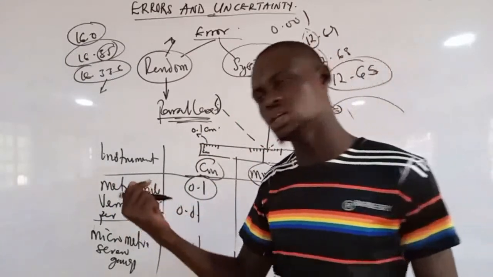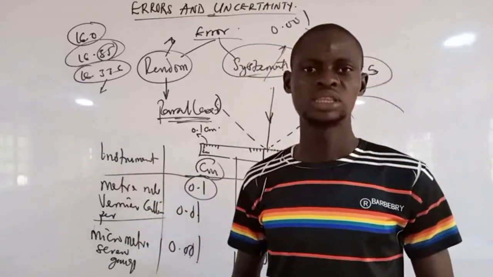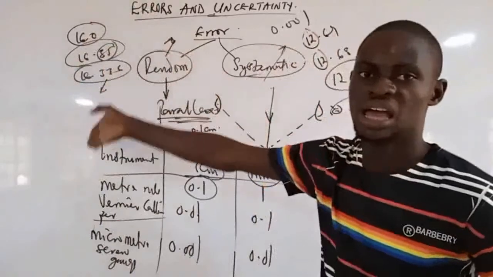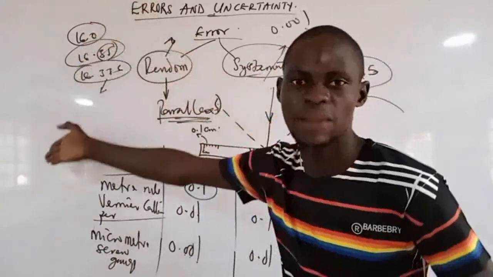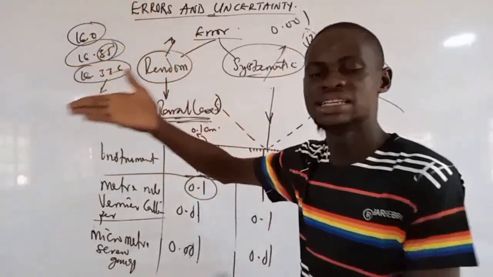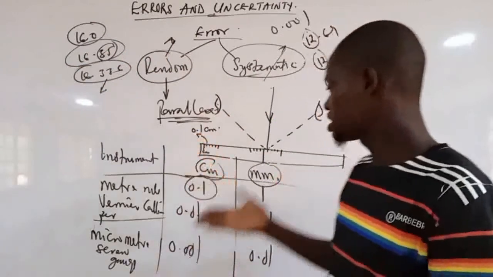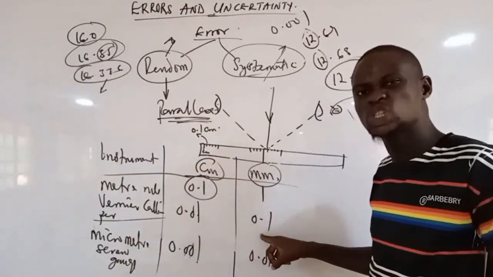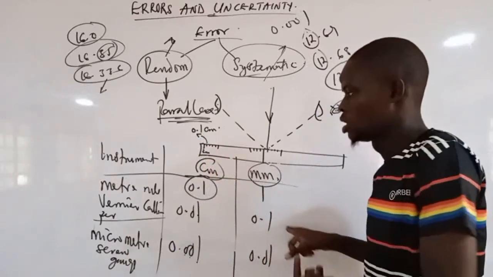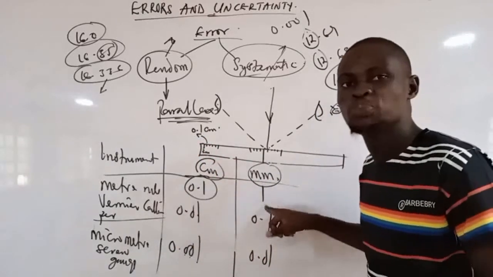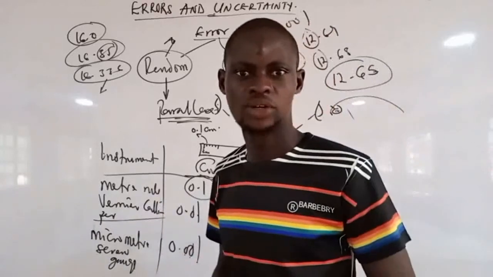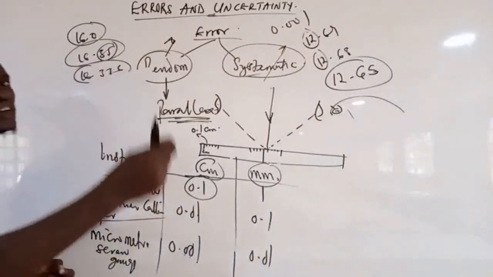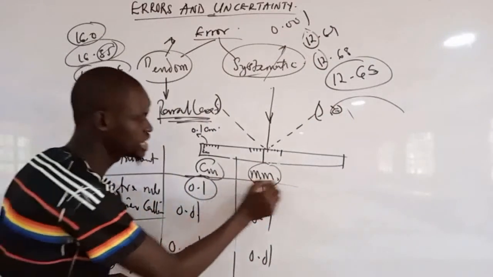In case you see this kind of question, which of the following readings here is the reading of a Vernier caliper that is graduated in centimeter? If it is graduated in millimeter, you should know that a Vernier caliper in millimeter should be 1 decimal place, while the meter rule should be in whole numbers. They may give you something like this: which of the following is the reading of a meter rule that is graduated in millimeter?